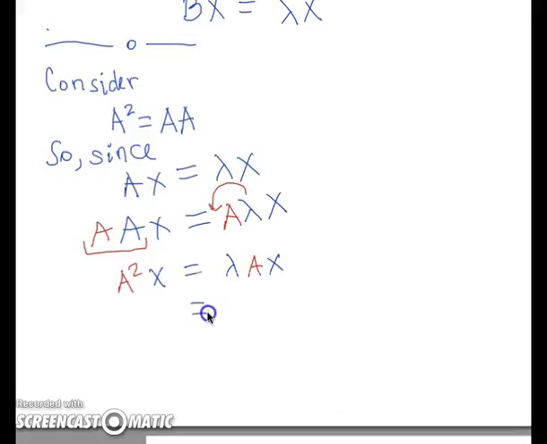Let me work with that right side for a minute, and then we can apply the definition. A times x, we know, is equal to lambda x, so this becomes lambda x. The left hand side stays the same, A squared times x.